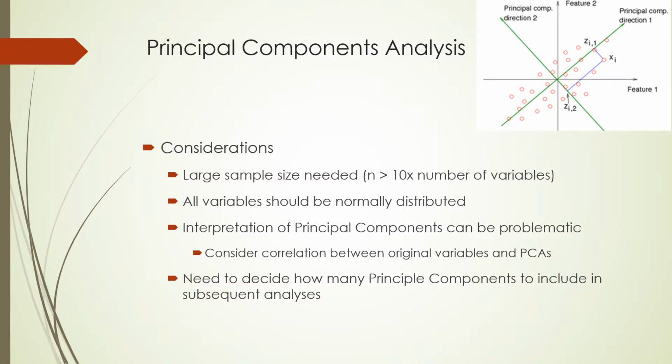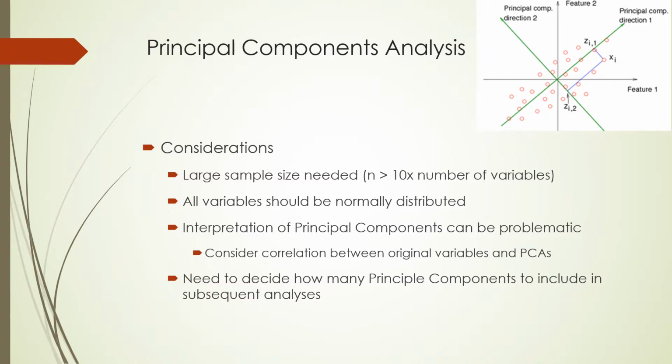When running a principal components analysis, there's a number of considerations, and this applies to a lot of these multivariate analyses. The first is that you need really large sample sizes in order to provide enough information for these data-hungry analyses.